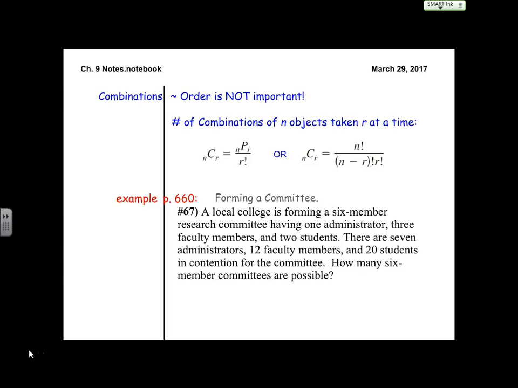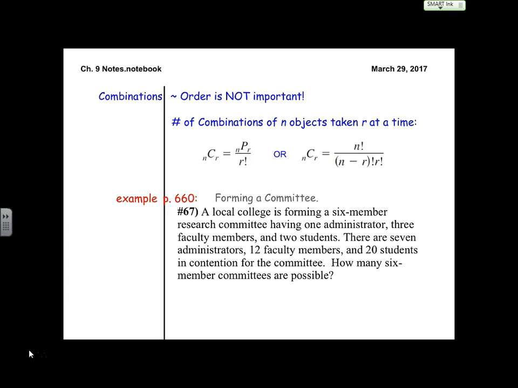Combinations, last one. Combinations, last big idea. We talked about the fundamental count. Well, we talked about how to find all the different possibilities and then count them up. We've talked about the fundamental counting principle, how you can make the blanks and use multiplication.